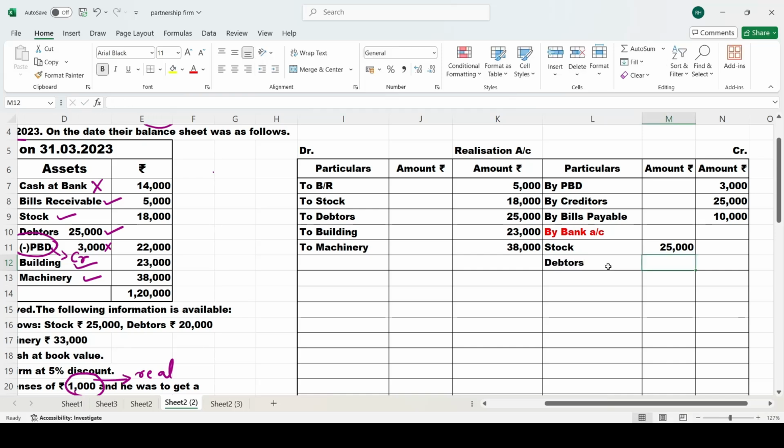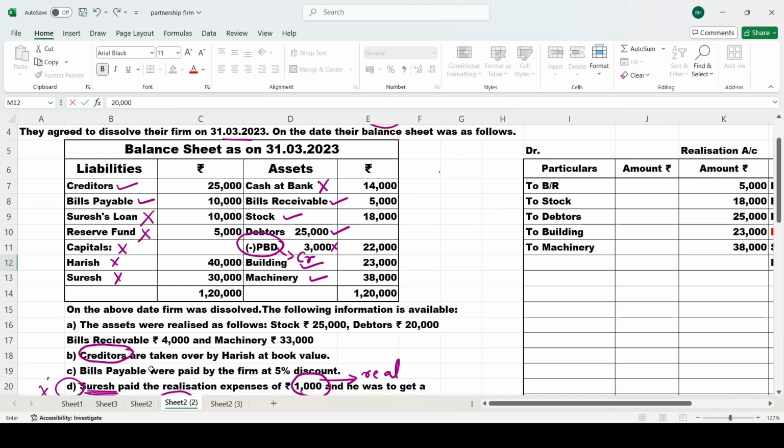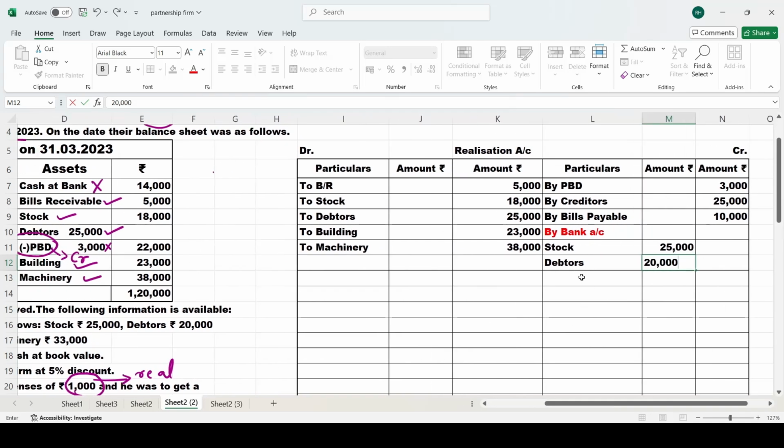Debtors we have sold for how much? 20,000. Next we have bills receivable given here. Bills receivable is for 4,000. Machinery is for 33,000.